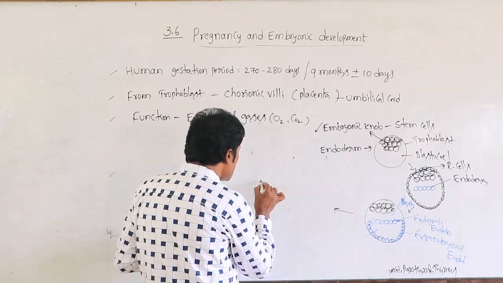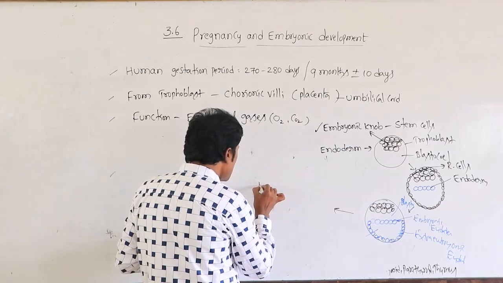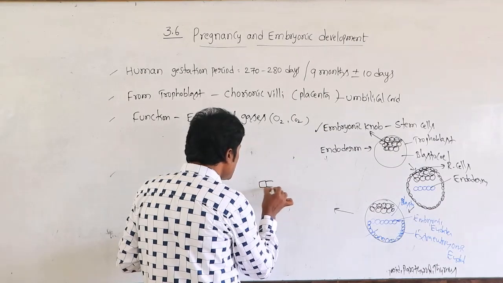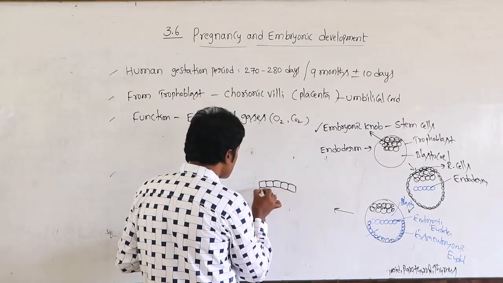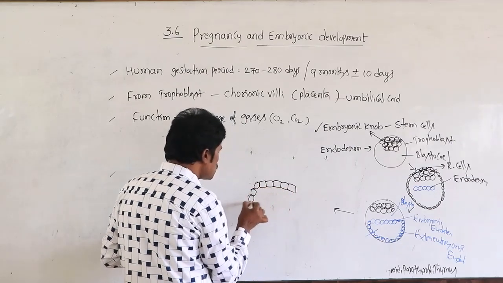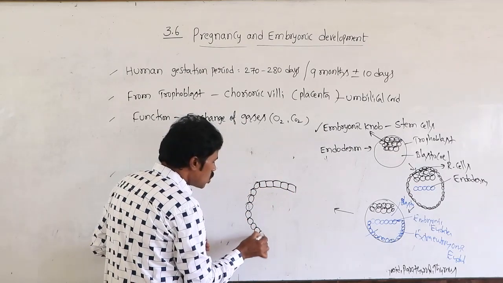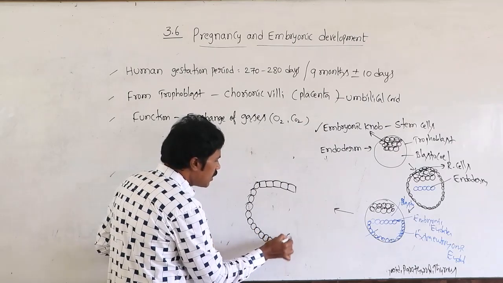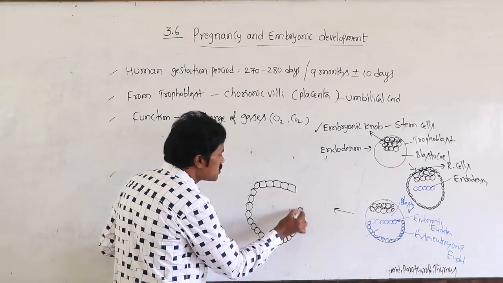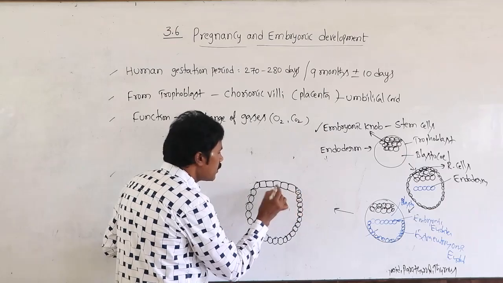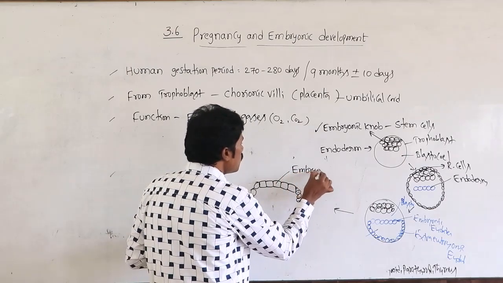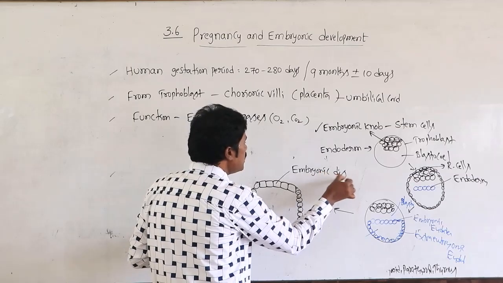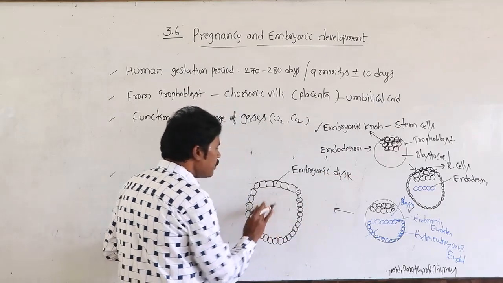Whatever the embryonic knob cells, it attaches towards the trophoblast. That we call the embryonic disc.